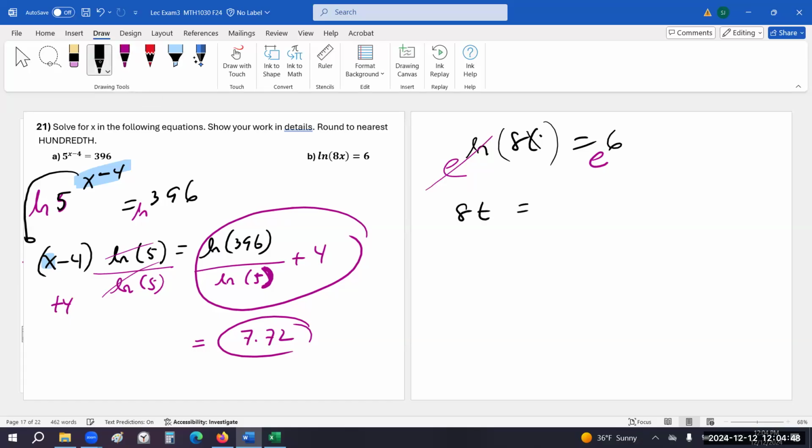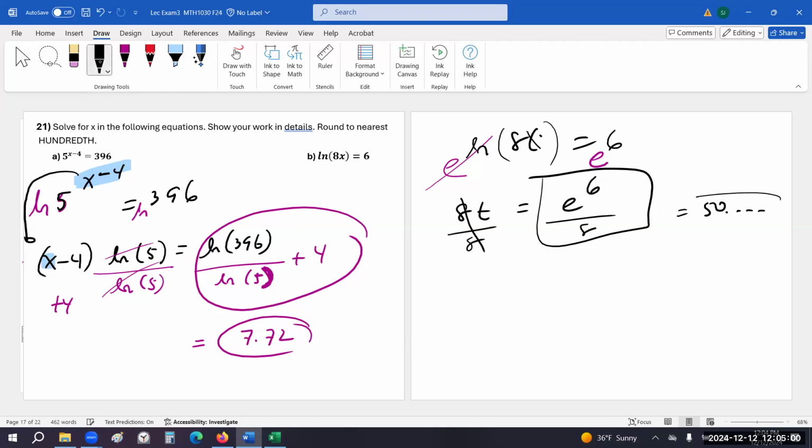We have 8x is e to the 6, and we divide by 8. 50 point something. You have to put e on both sides so that e and ln cancel out. On the left, you have to put both of them because you have 2 ln here.